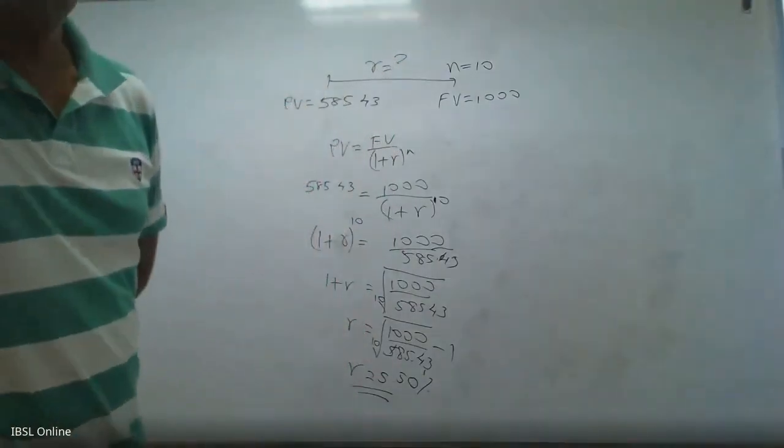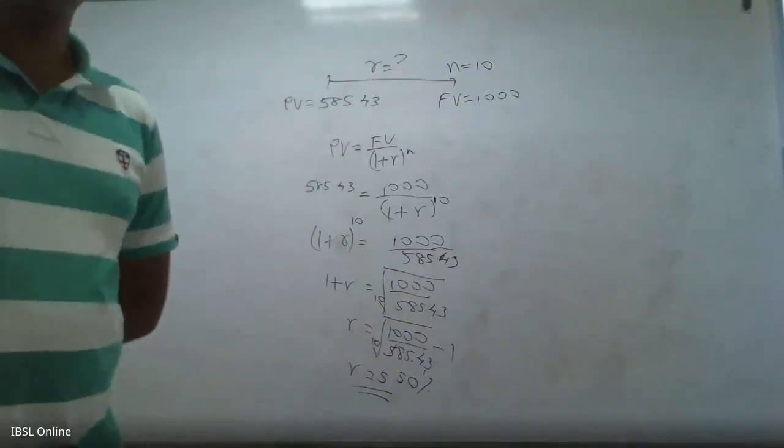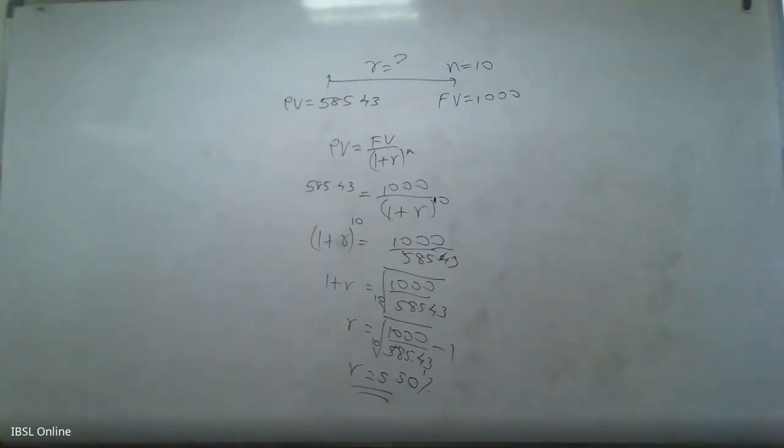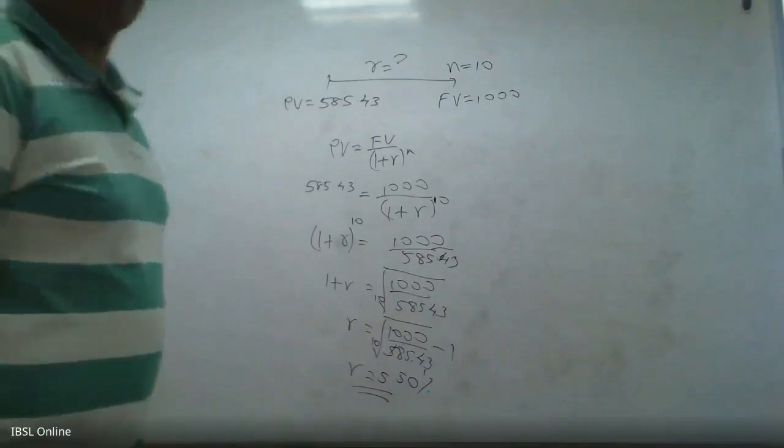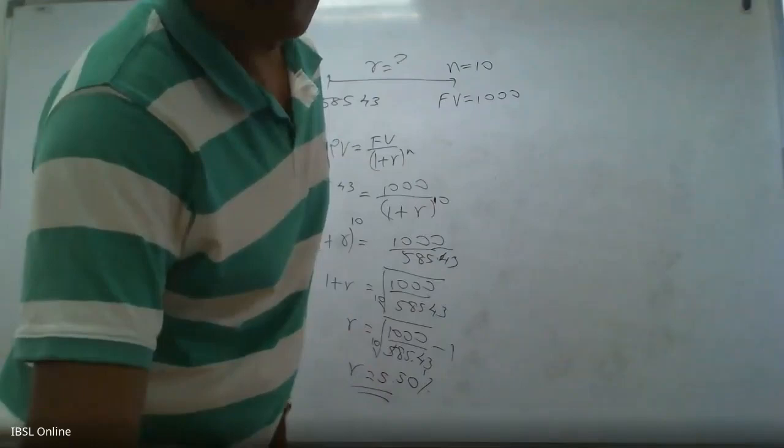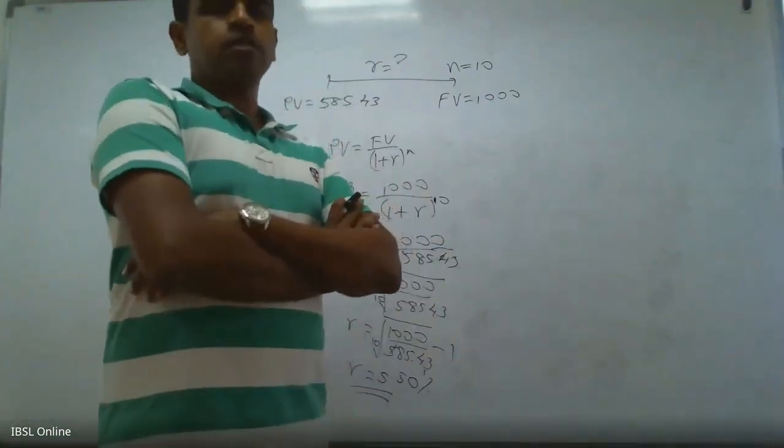Question number 2. Microsoft earned 12 cents per share in 1994.